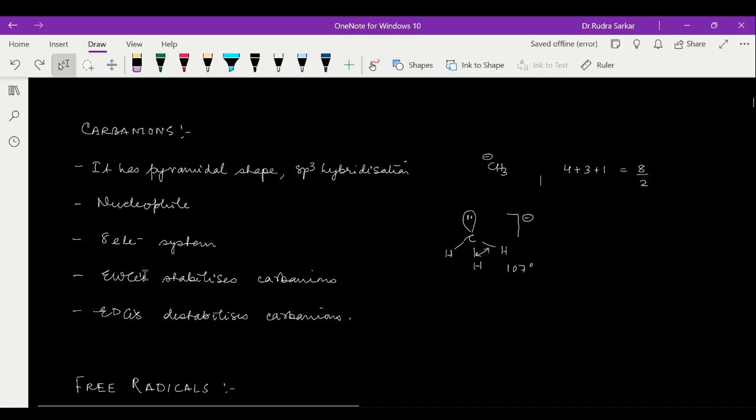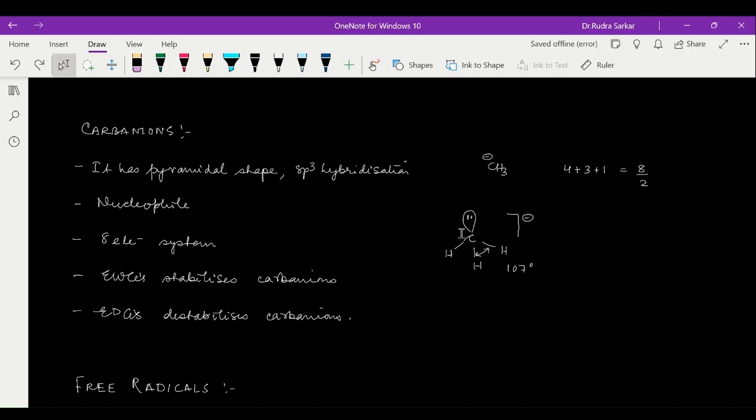Mane EWGs will stabilize the carbon ions, and electron donating ones will be having the reverse effect. Clear? So the take home message from now on is carbocations are stabilized by electron donating groups, carbanions are destabilized by electron donating groups.